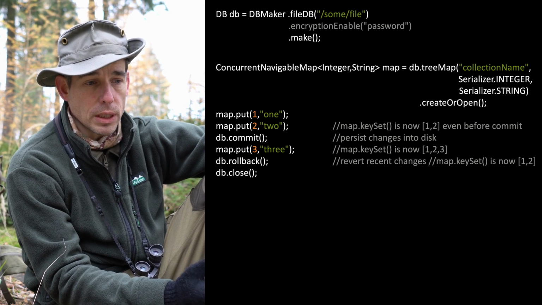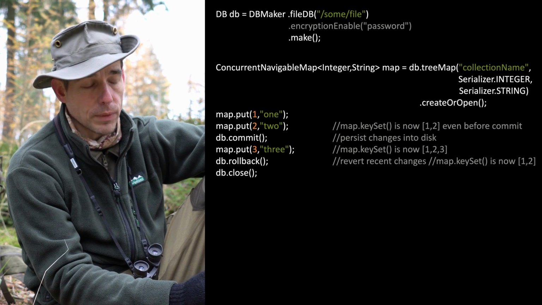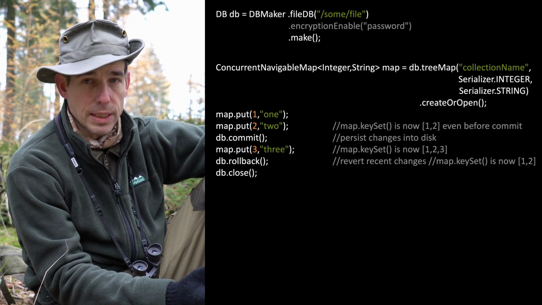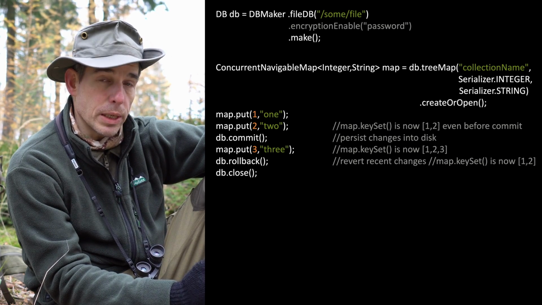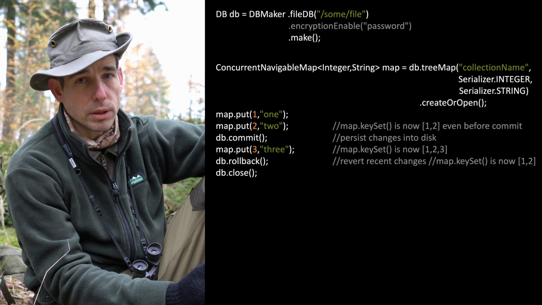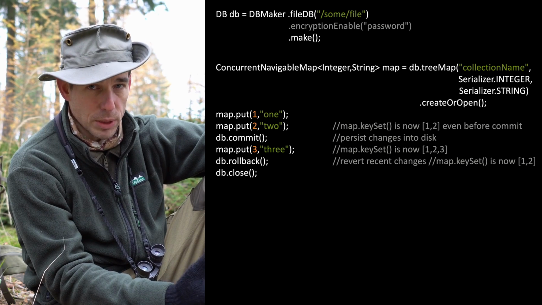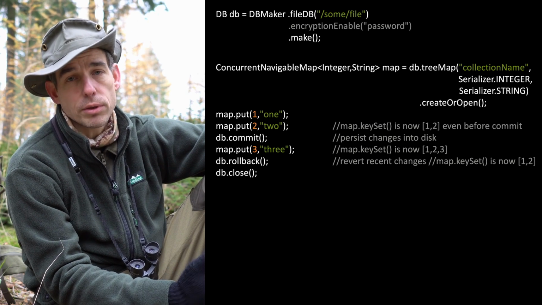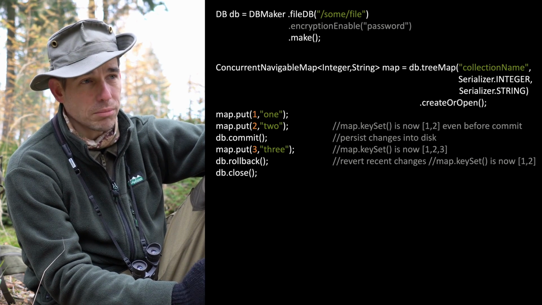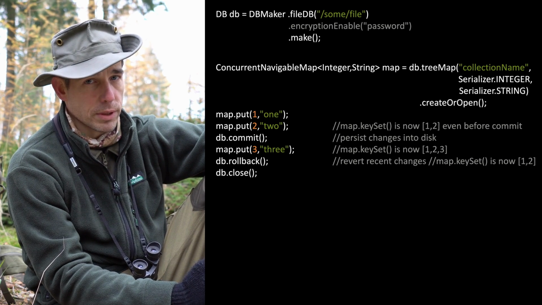So the first thing, after you added the dependency, is that you have to deal with this DB maker. This DB maker offers some factory methods to create the first DB, and inside this DB you are storing your data structures. That's a way I think nearly every solution is doing something like this.